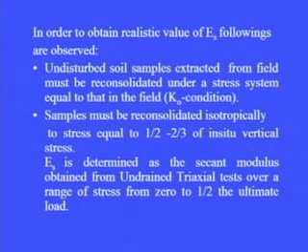Samples must be reconsolidated isotropically to a stress equal to half to 2/3 of the in situ vertical stress at that particular level from where the samples have been obtained. Es is determined as the secant modulus obtained from the undrained triaxial test over a range of stress from 0 to half of the ultimate load.